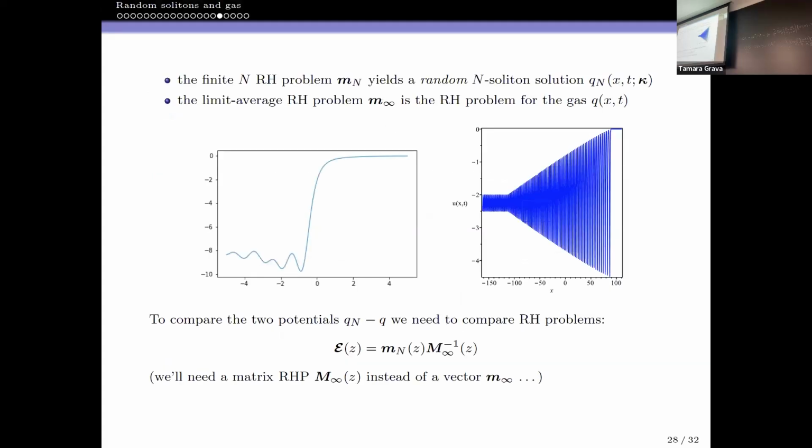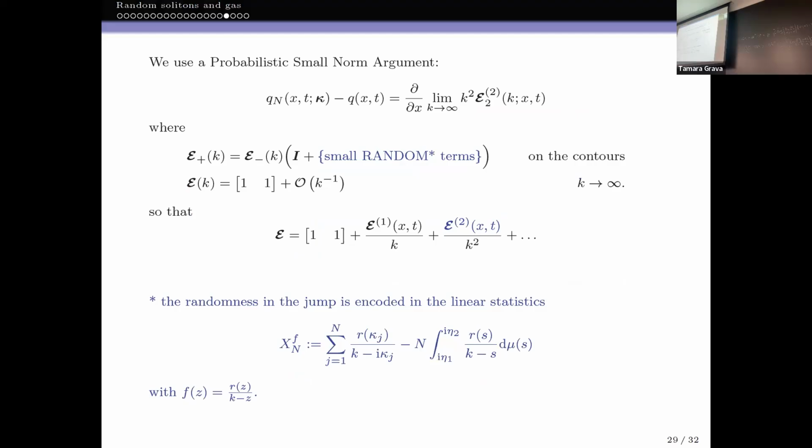Okay, so this is the setting. We have two problems. One is random, and we have a random soliton solution. One is deterministic, and this is a soliton gas. So we want to compare these two potentials, and so we have to study this error matrix. This is a vector, but to do the analysis you need to replace a vector with a matrix, but this is doable. The key feature of this matrix is that it satisfies what is called a probabilistic small norm argument.